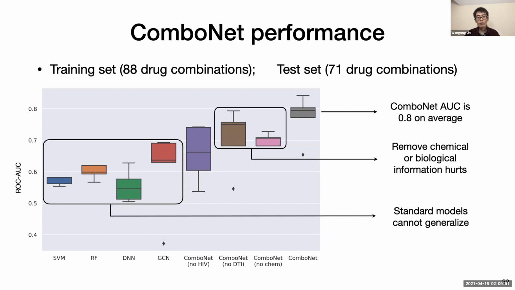And also, if you remove either the chemical or biological information, it will hurt the model quite a bit. So this hopefully convinces you that both biology and chemistry are important for the prediction task.